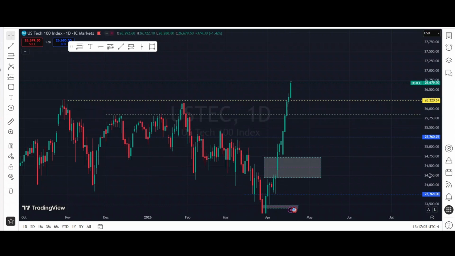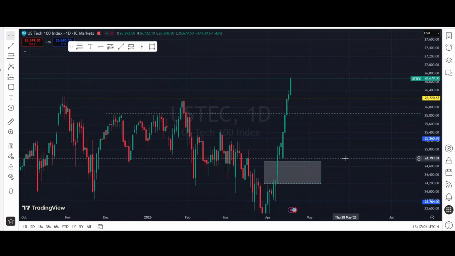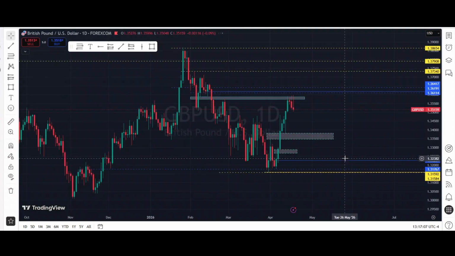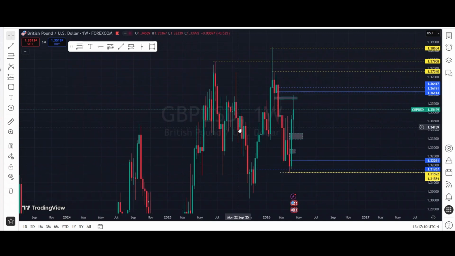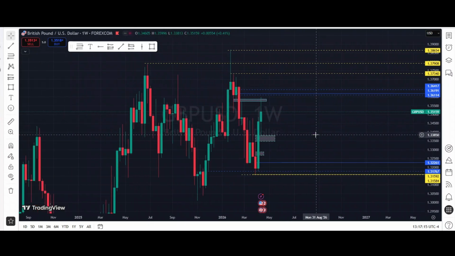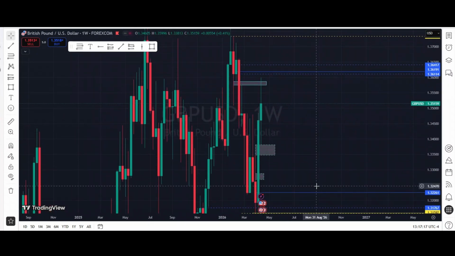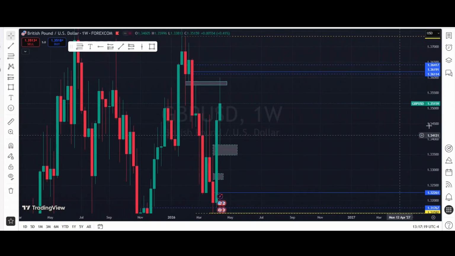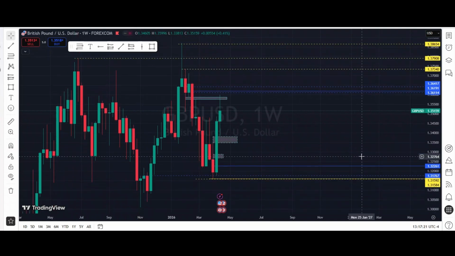Moving on to our next pair, which is the British pound USD, we still have a weekly dealing range that can help us with historical price action, which we'll be using in our narrative. So this remains our dealing range, the high of our dealing range and the low of our dealing range.